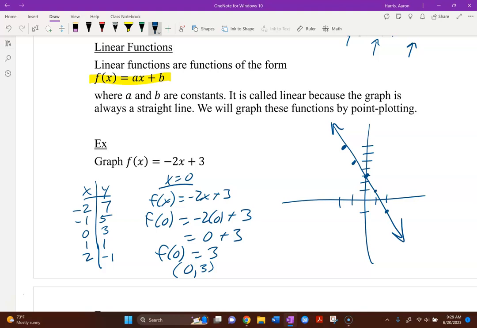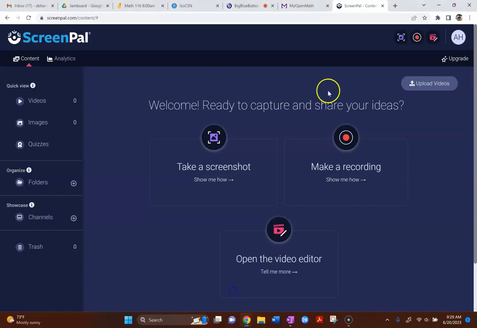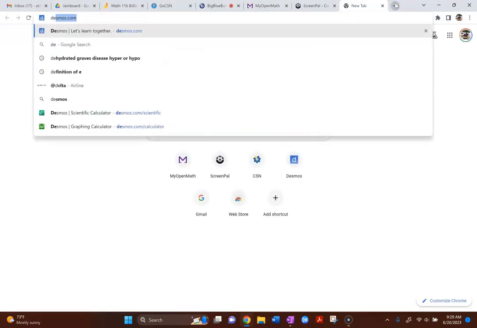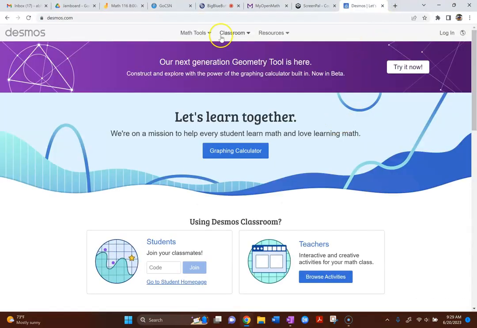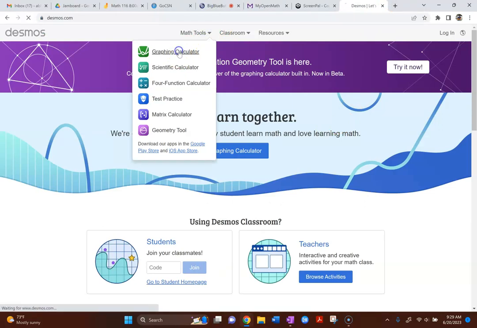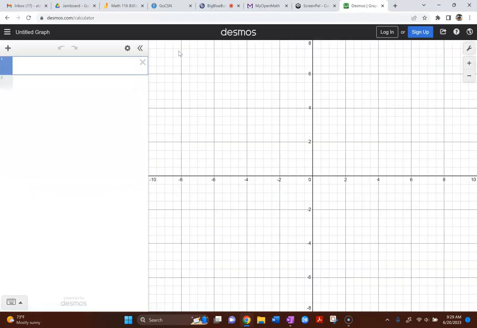Then after you've done that by hand, you can check it with your Desmos graph. Go to desmos.com and click on the graphing calculator right there. Then you can plug in f of x or y equals -2x plus 3. You can see that line right there.